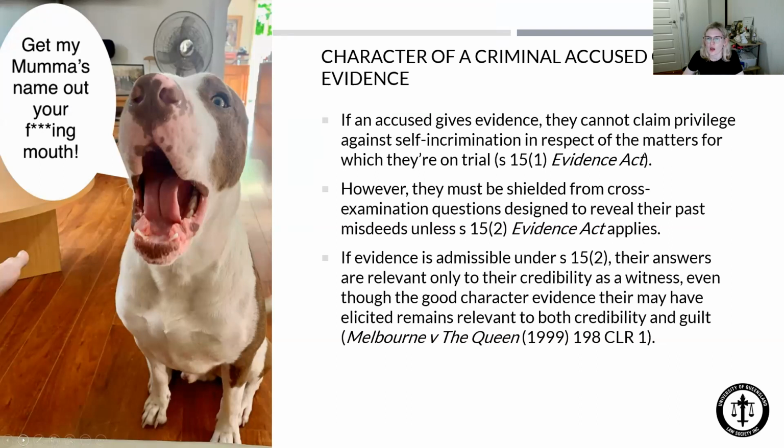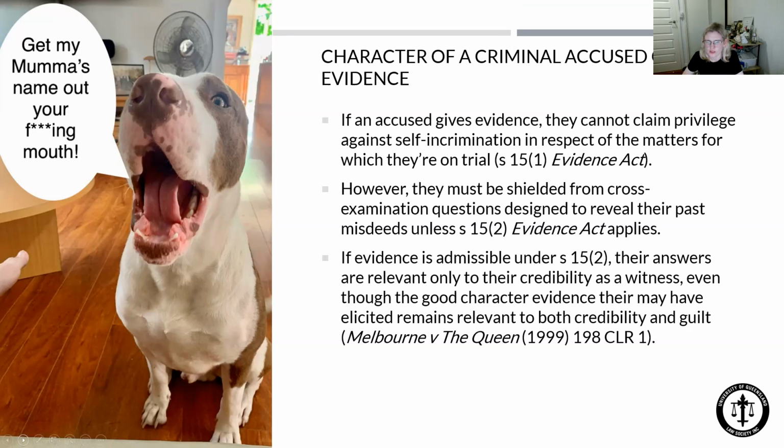They can be shielded from questions that are intended to reveal any of their past misdeeds, unless there is some exception that applies, which I'll come to in the next slide.